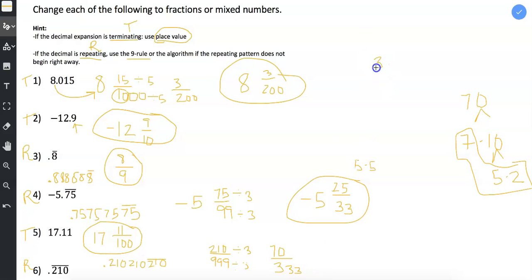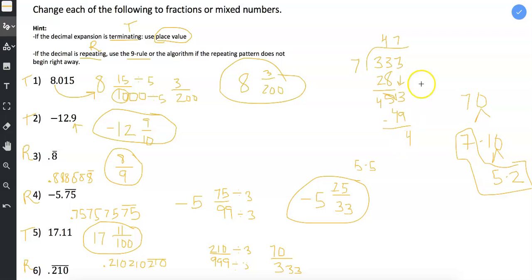Now 333 divided by 7. I have to try this and see. 7 goes into 33. Well, 7 times 4 is 28. 7 times 5 would be too much. And then bring down the 3. 7 goes into 53 7 times. 7 times 7 is 49. 53 minus 49 is 4.